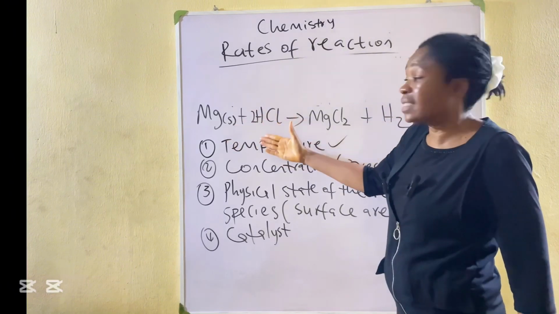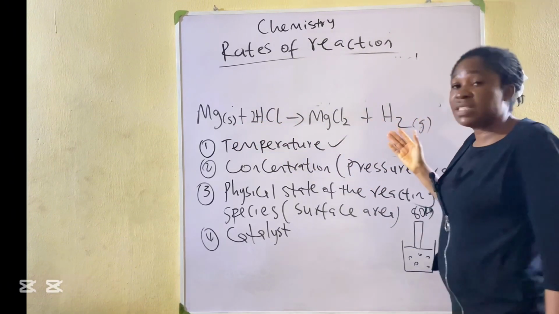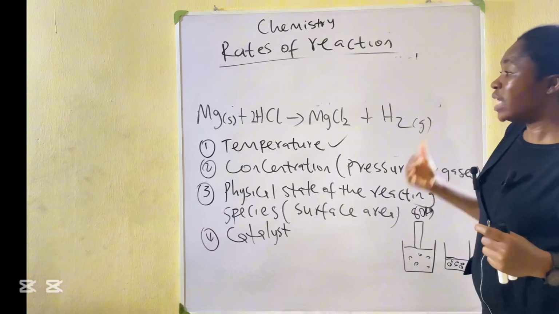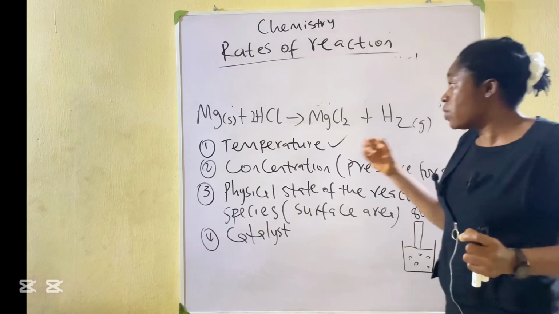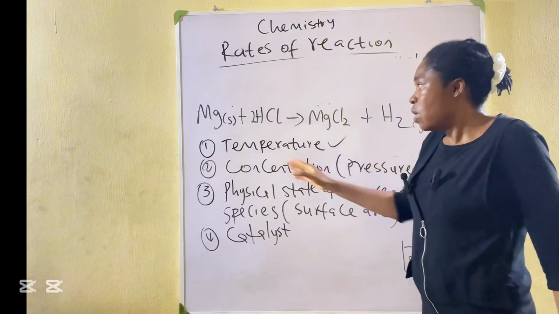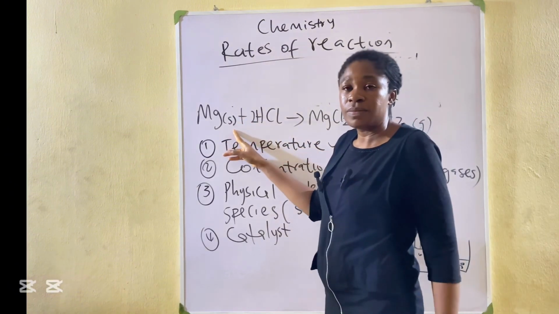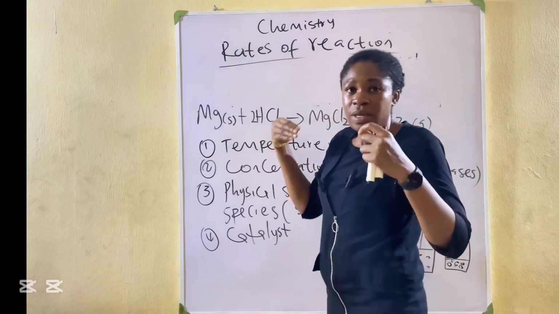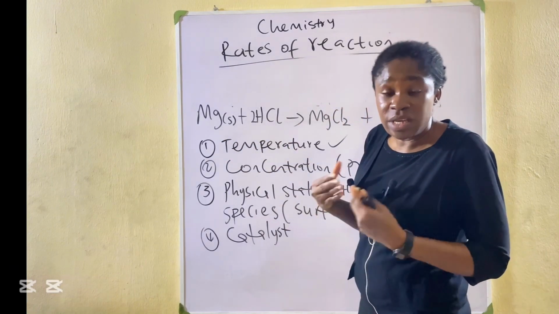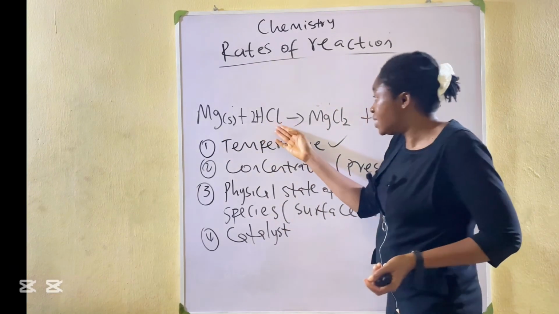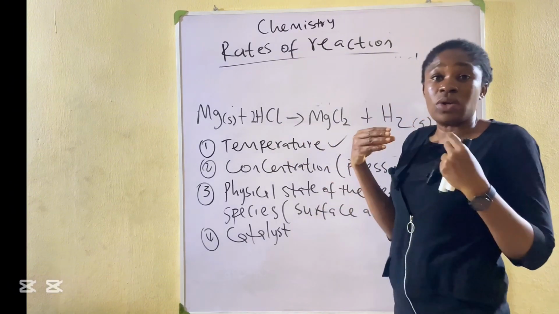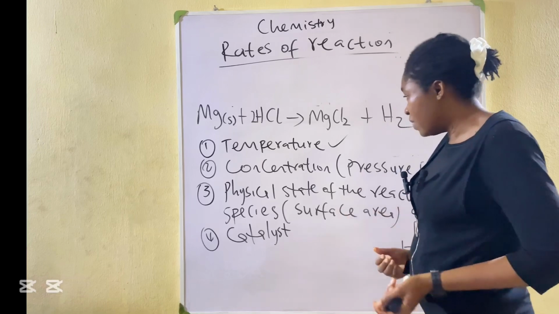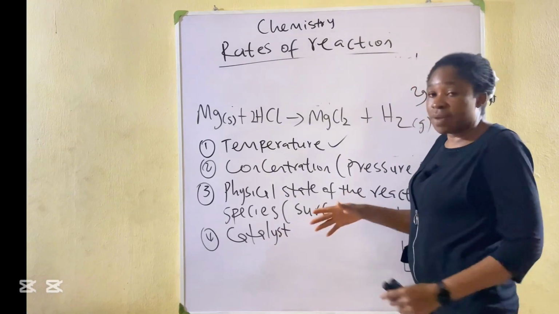Magnesium reacts with hydrochloric acid to liberate hydrogen gas. If you're asked to state two factors that can increase the rate of this reaction, of course, this magnesium is solid. If I increase the surface area of this magnesium, the rate of chemical reaction is going to increase. If I increase the concentration of the hydrochloric acid, the reaction is going to react very fast.